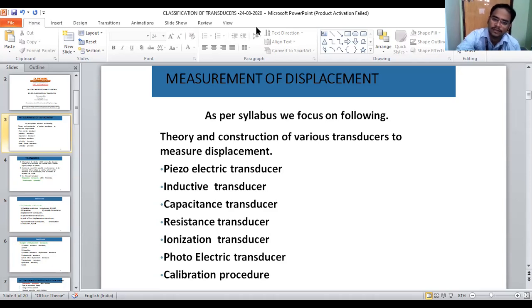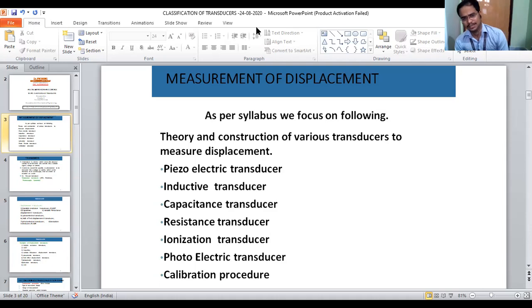In reverse, if we give some electricity, we will find movement in this member. So the reverse is possible in this case. This is an example of a piezoelectric transducer. The main parts are the piezoelectric crystal, covered with two flat electrodes.